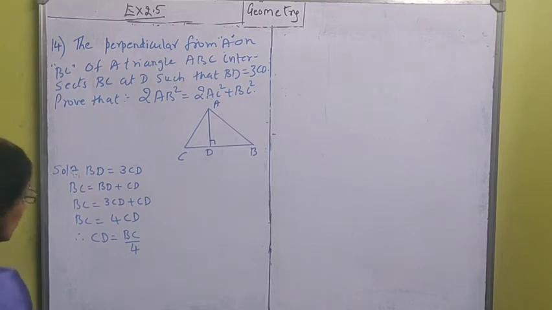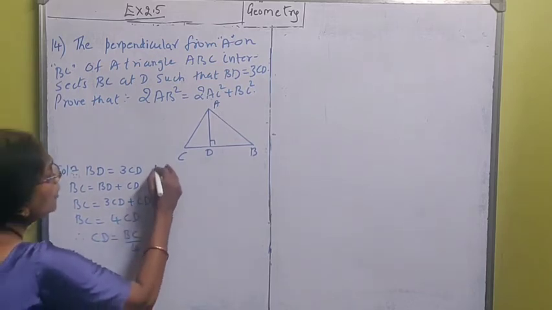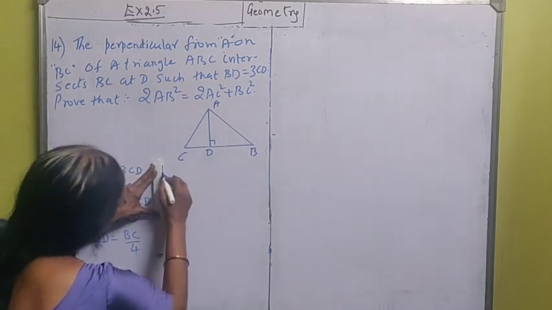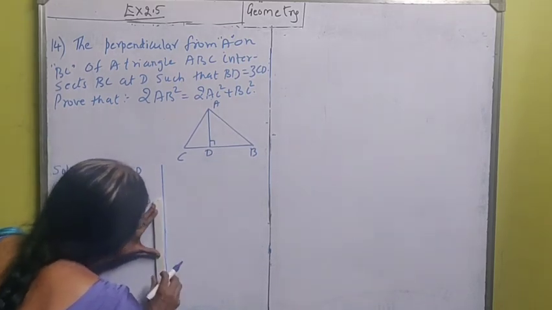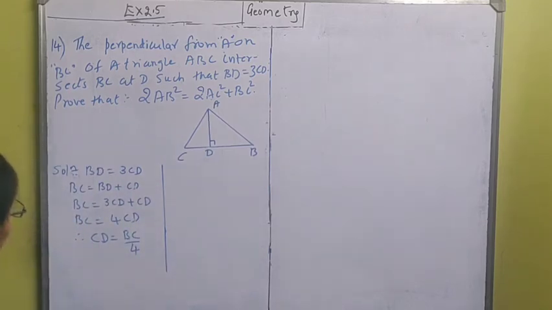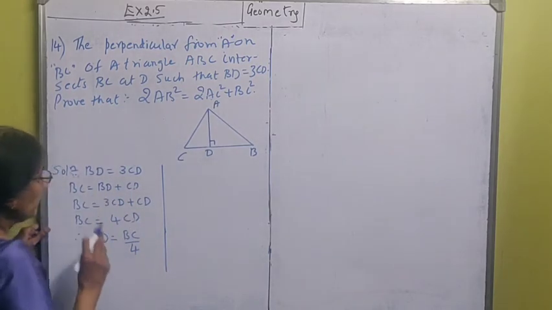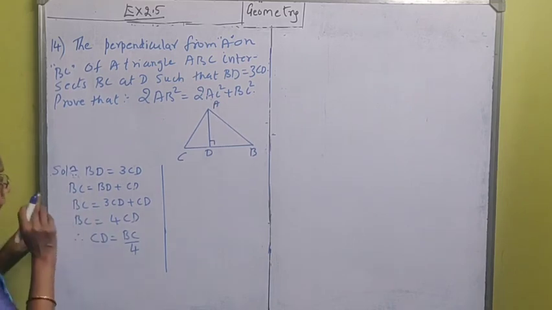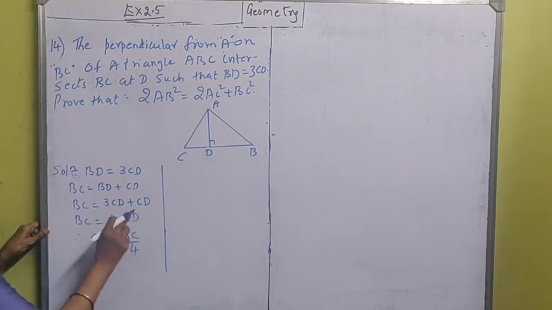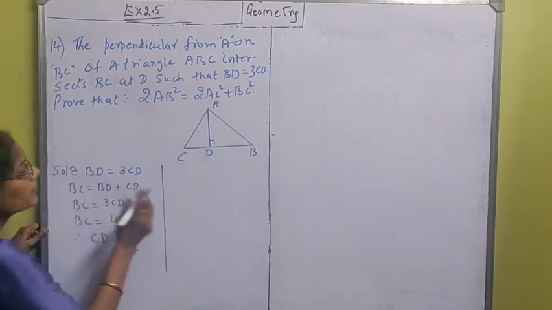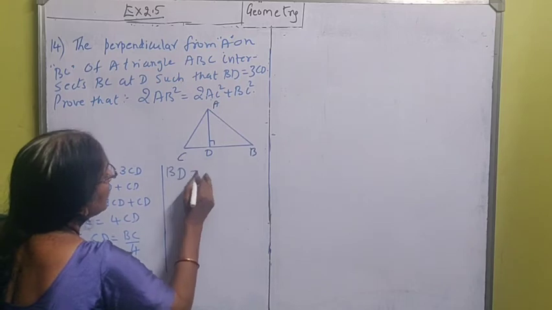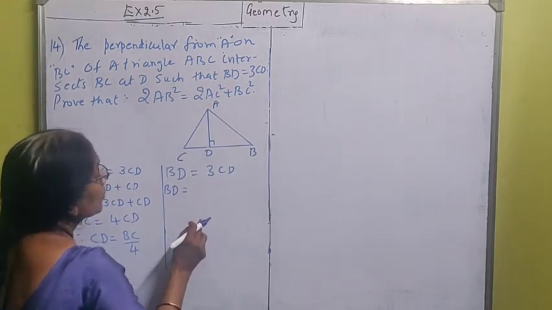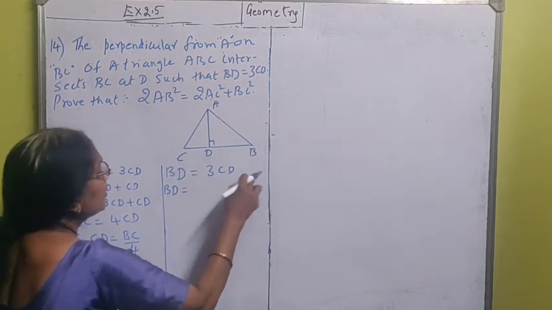Now, let us find out what BD is in terms of BC. BD is equal to 3CD, that means BD is equal to CD plus CD plus CD.